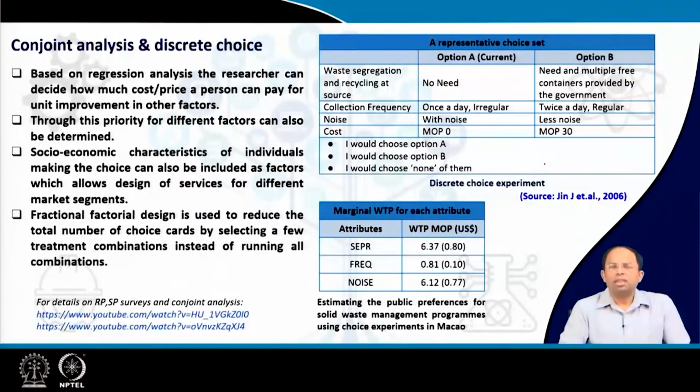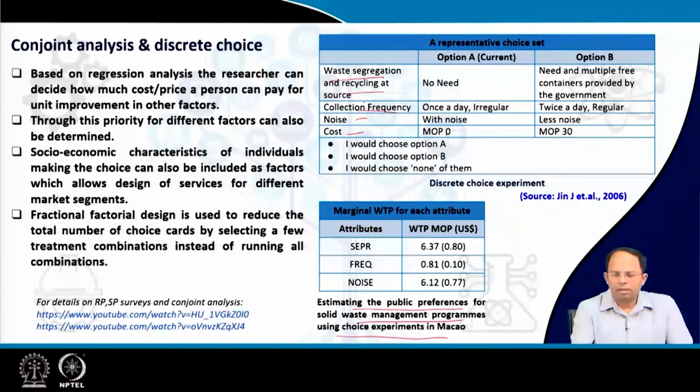Similarly, in the case of discrete choice analysis, it's more or less the same thing. This is another paper, estimating public preferences for solid waste management programs using choice experiments in Macau. Here the attributes are waste segregation and recycling at source, collection frequency, the noise generated because of solid waste collection, and the cost.